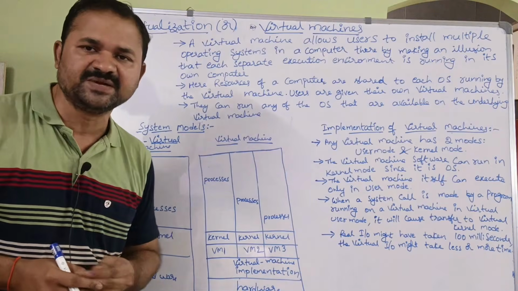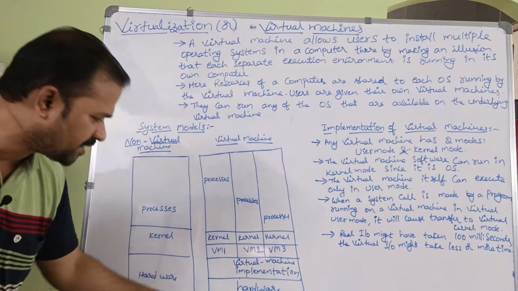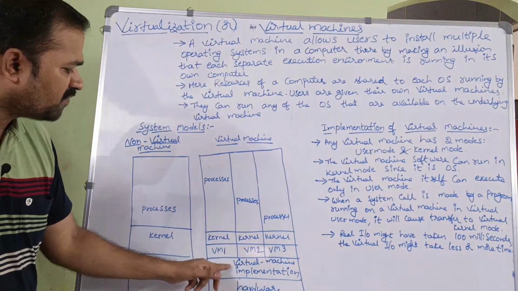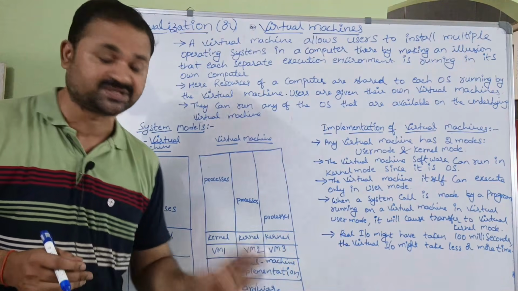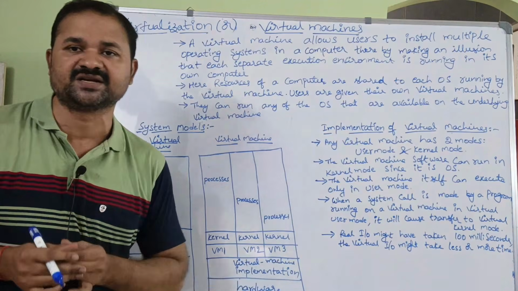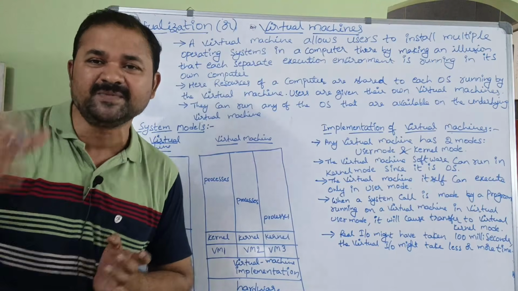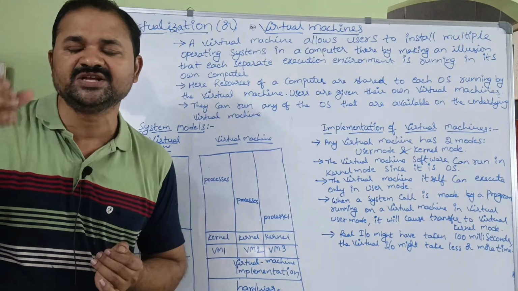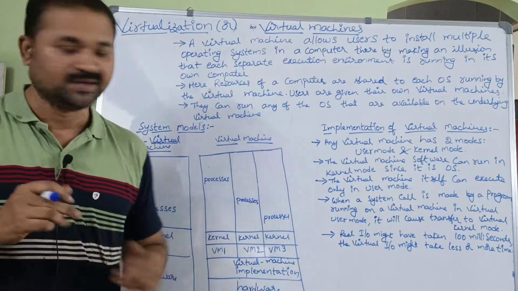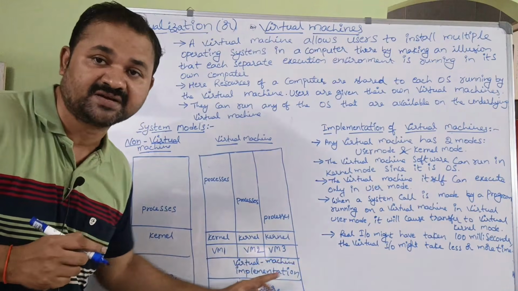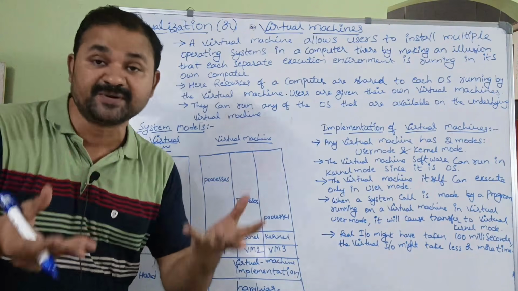Whereas if you take a virtual machine, at the bottom we have hardware. On top of the hardware we have the virtual machine implementation. First we have to implement the virtual machine. For that we need to install software. So this is nothing but virtual machine software installation, implementation.